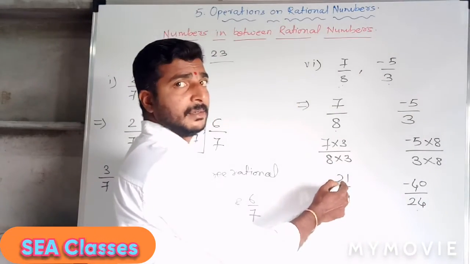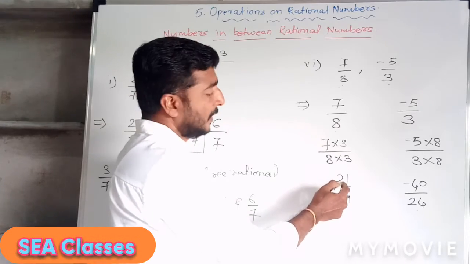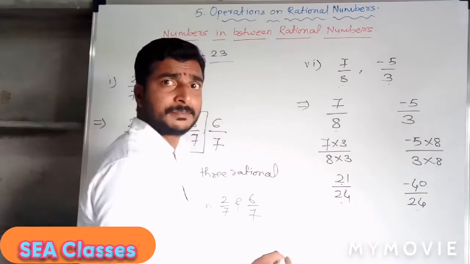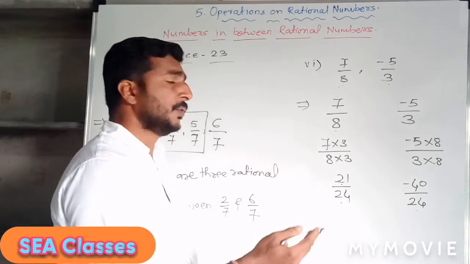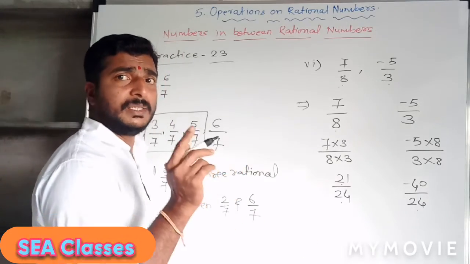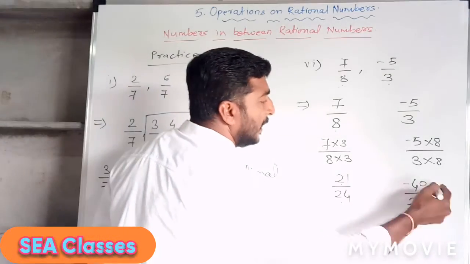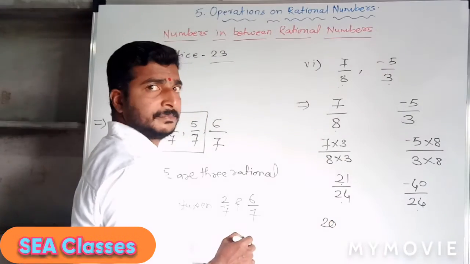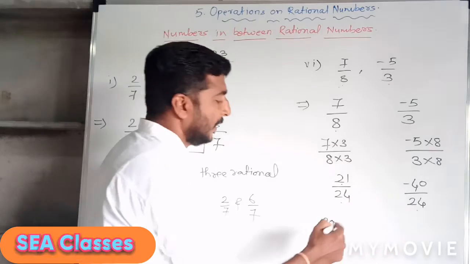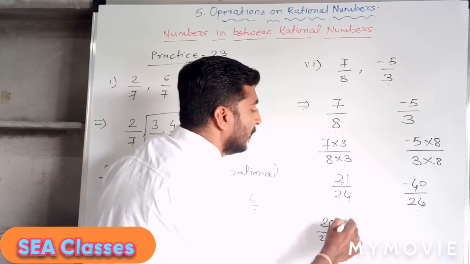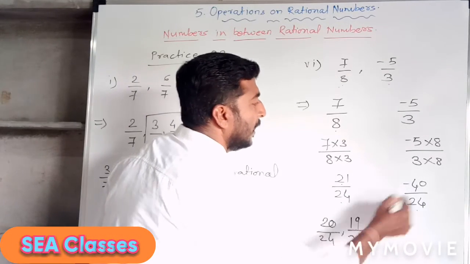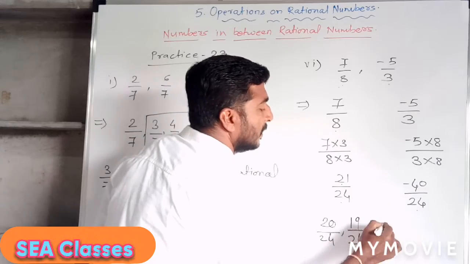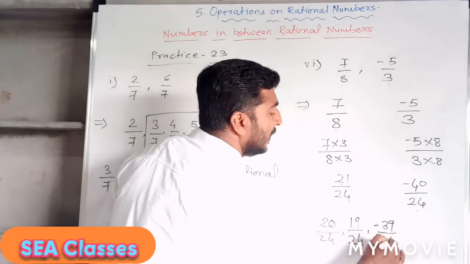Now you compare. Look at the numerators. So it is 21 and minus 40. You have to represent only 3 numbers. So between 21 and minus 40 there will be 20. You have to go down. 20 upon 24, 19 upon 24, and minus 39 upon 24.